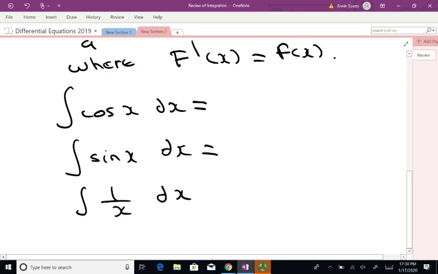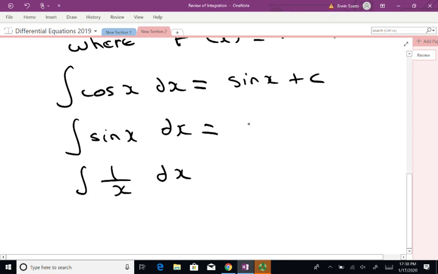Just put those. So what is the antiderivative of cosine? Sine x plus c. Antiderivative of sine of x? Negative cosine of x plus c. And the antiderivative of 1 over x? Log of the absolute value of x.